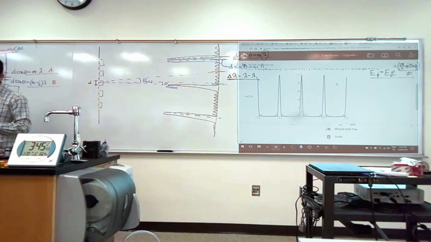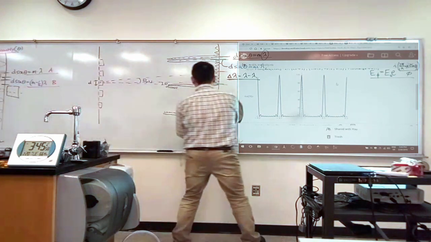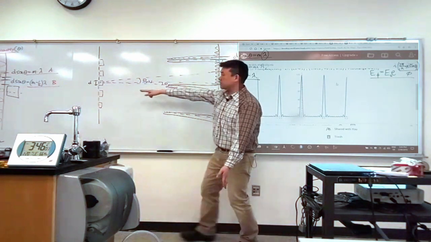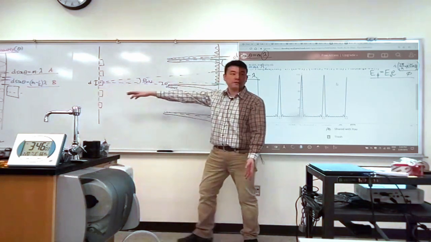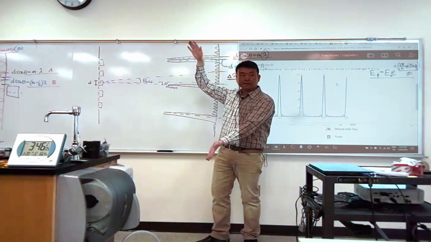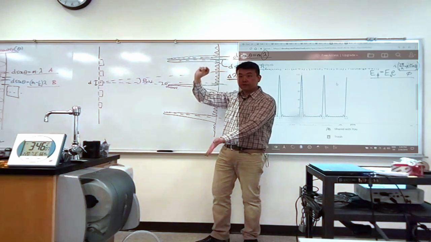So this is the sense of intuition I want you to start developing. When you have an interference pattern or a diffraction pattern, you've seen different kinds of patterns in your lab, wide pattern, narrow pattern, right? When you wanted this pattern to be wide, did the slit size have to be narrow or wide? Narrow, right?